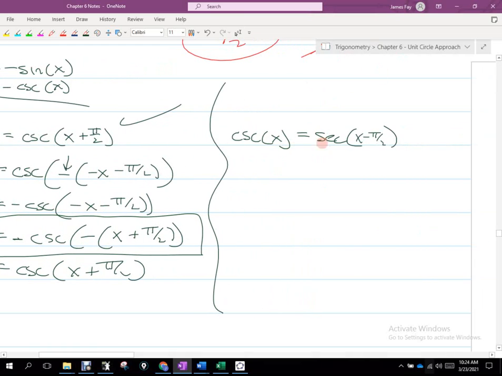Okay. And again, now with this one, you don't necessarily see that when I add the arguments together I get pi over 2 or I get 90. So the secant has the same relationship that the cosine had with even-odd properties.